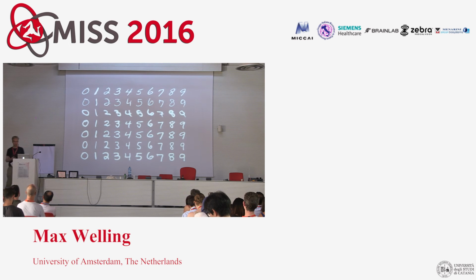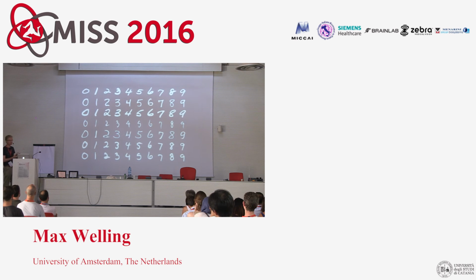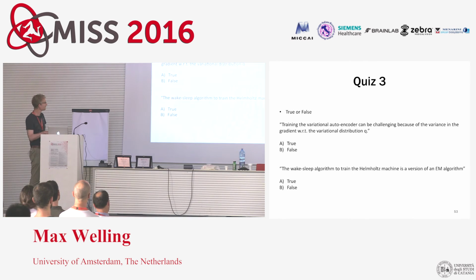So you nicely capture the latent space dimensions, the relevant degrees of freedom that make up images and the way they're written. Okay, so I guess that's the variational autoencoder.